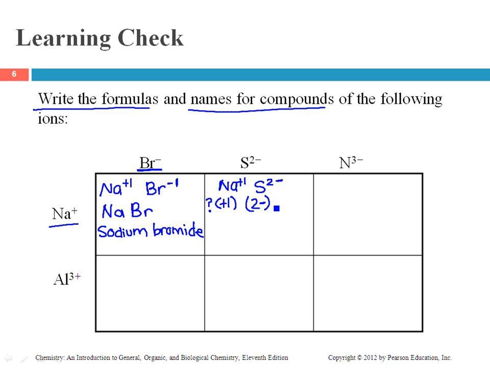The simplest way would be if we have 1 sulfur and 2 sodium. 2 - 2 equals 0. So our formula looks like so, and we would say sodium sulfide.